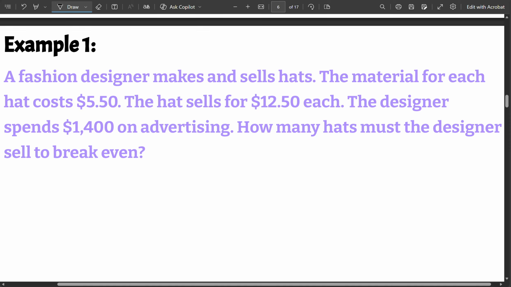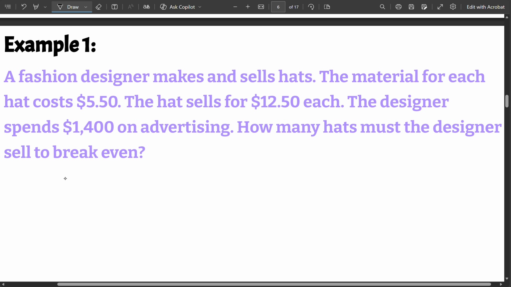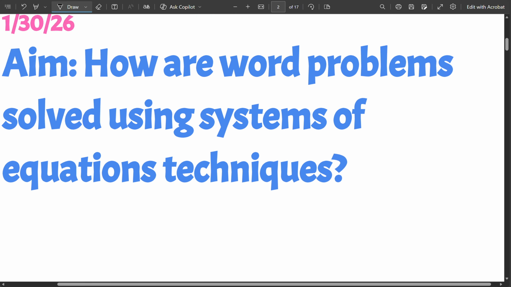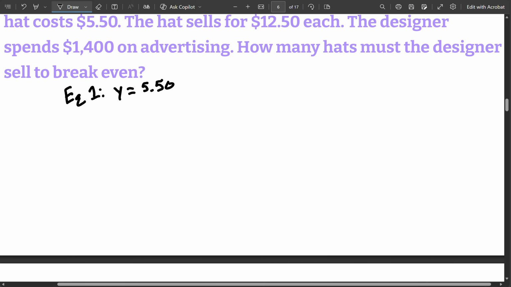Okay, so we're going to have one equation which represents the cost. So equation 1 is going to be the cost of making the hats, of running the business. So making the hats is going to be $5.50 per hat.